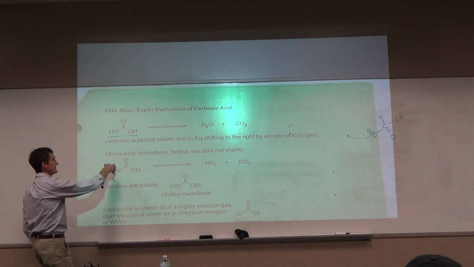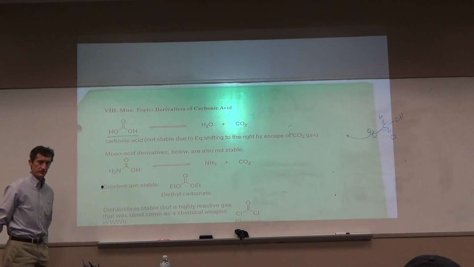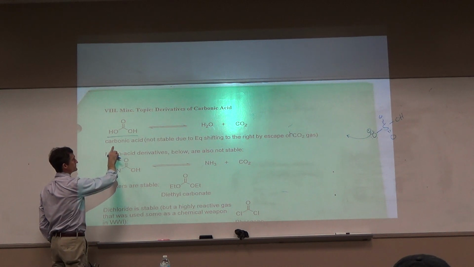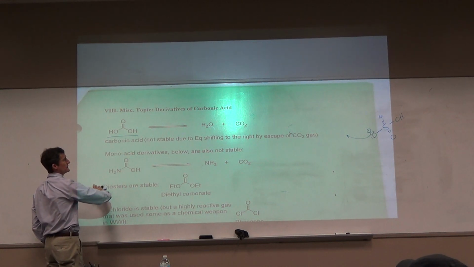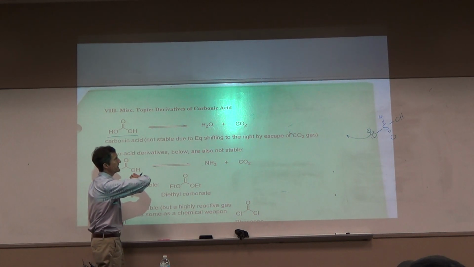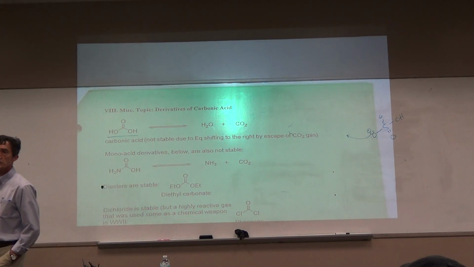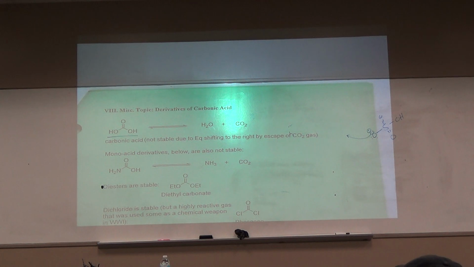But I want to discuss this a little bit. It's very common. It's called carbonic acid. It's actually not stable, because carbonic acid will break down into what? H2O plus CO2. It will decompose to give these two molecules.